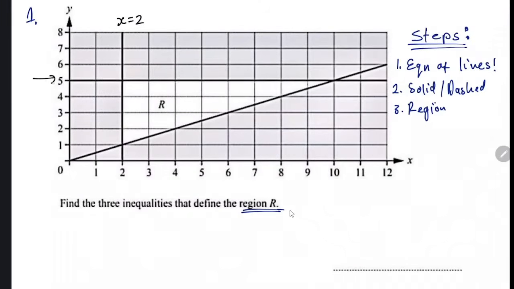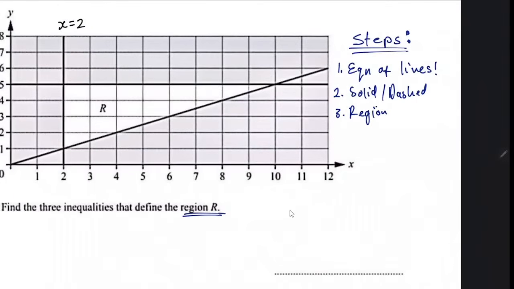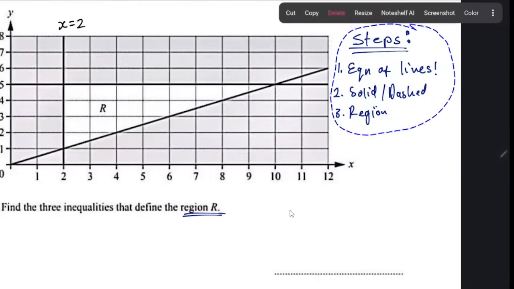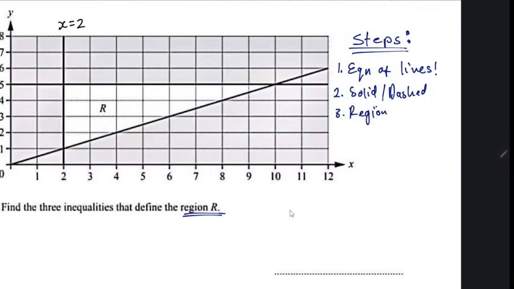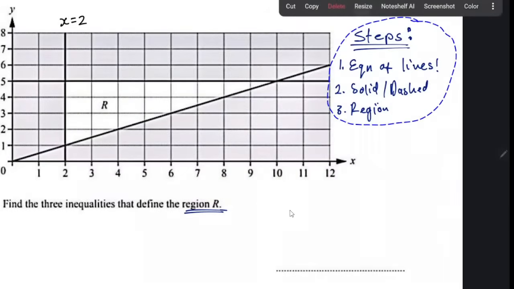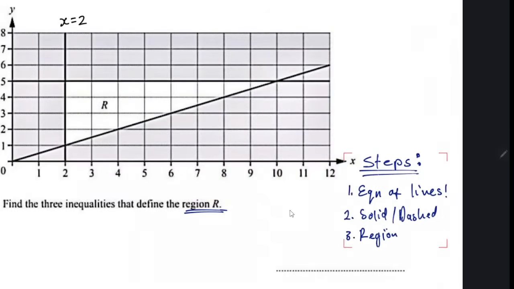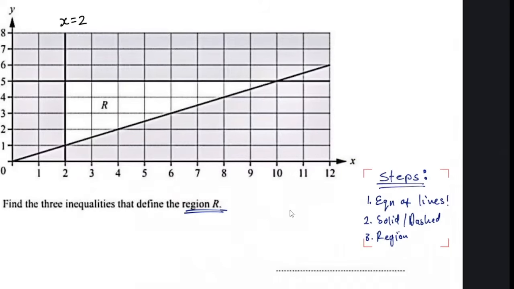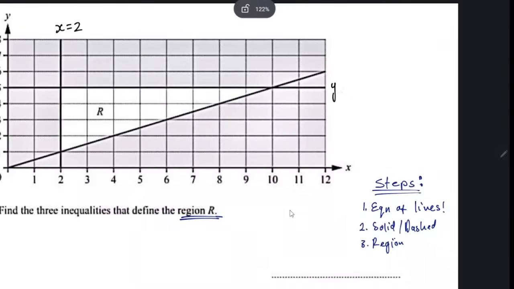You can see it's staying on 5 on the y-axis, so it is the line y equal to 5.